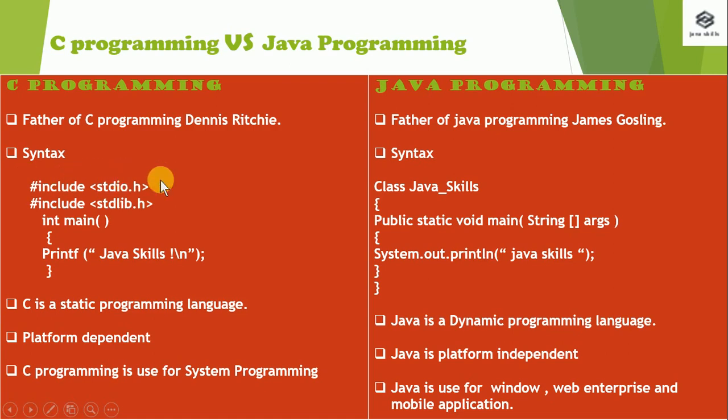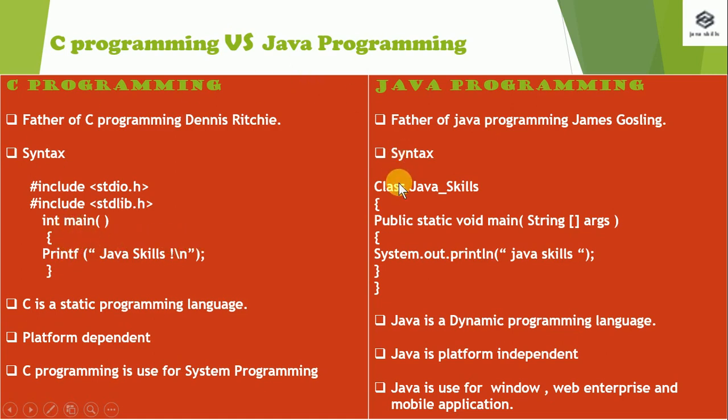These are the header files which contain functions of C programming. #include <stdio.h> is an input and output header file, and stdlib.h, the standard library, contains a function that is the main function. When a compiler compiles a program, it searches for the main method.